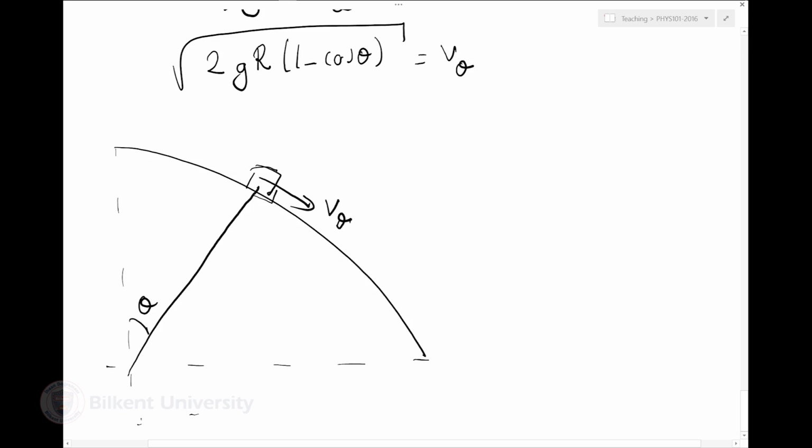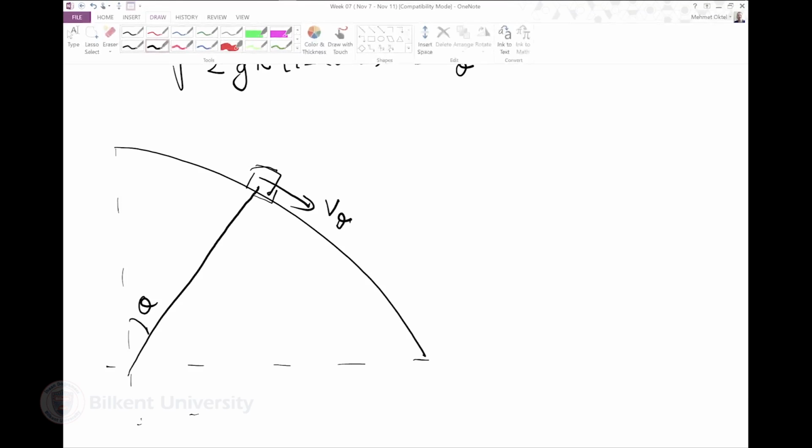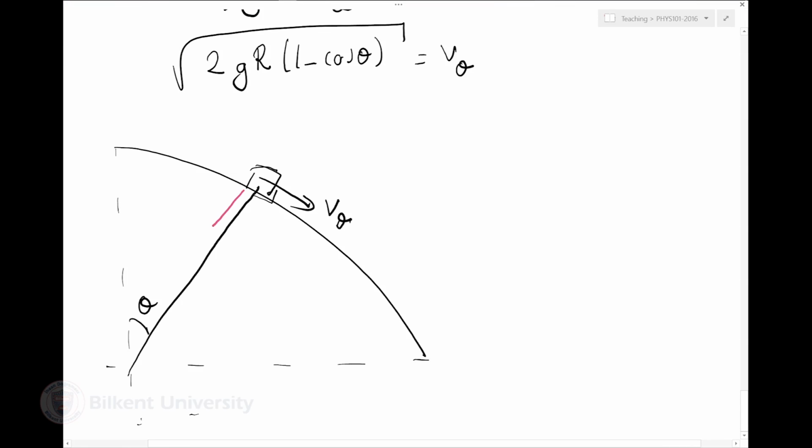Do I have an acceleration if I'm going with speed v theta on the circle? I obviously have a centripetal acceleration, right? What's the amount of this acceleration? It's going to be v theta squared over r.